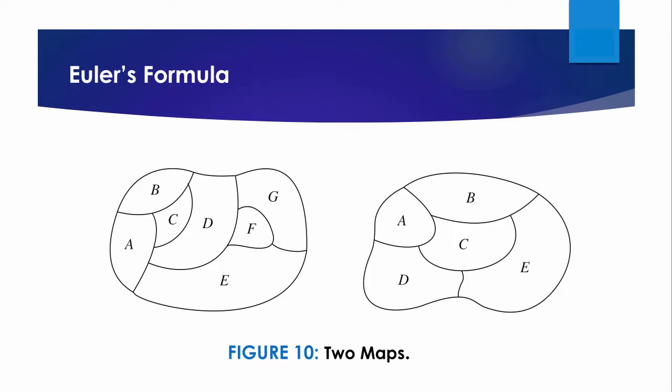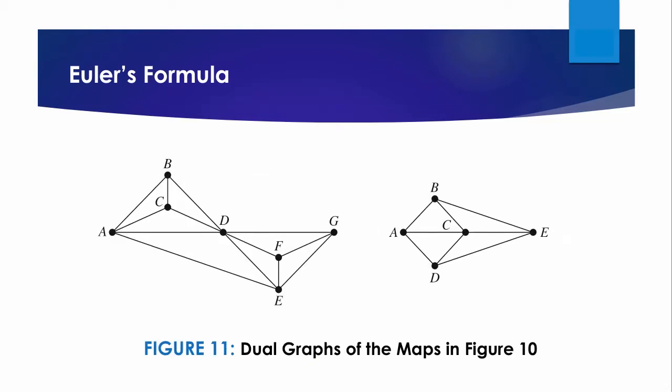Each map in the plane can be represented by a graph. To set up this correspondence, each region of the map is represented by a vertex. Edges connect two vertices if the regions represented by these vertices have a common border. Two regions that touch at only one point are not considered adjacent.